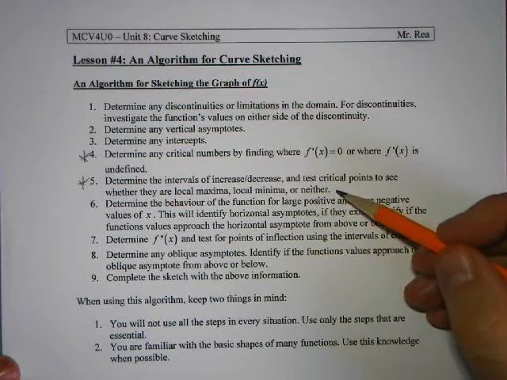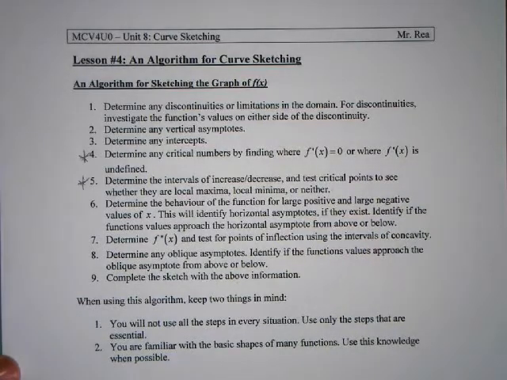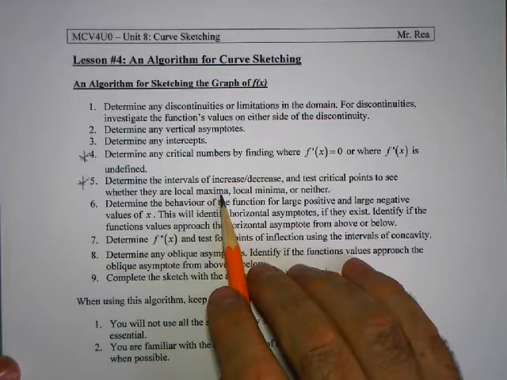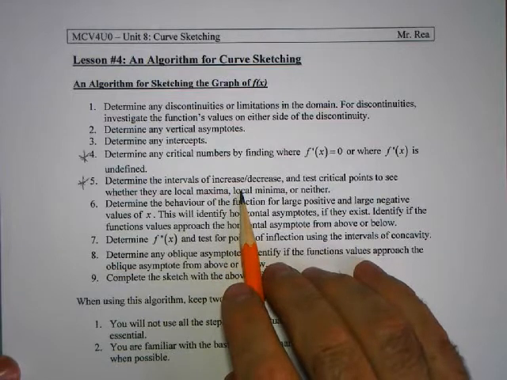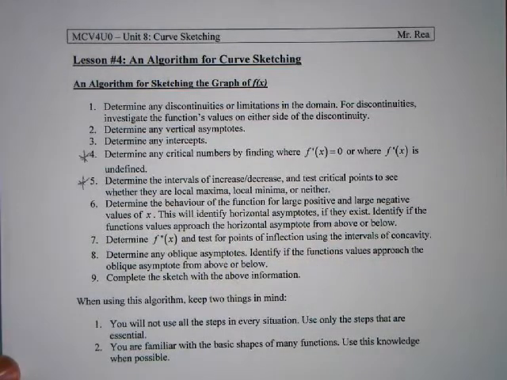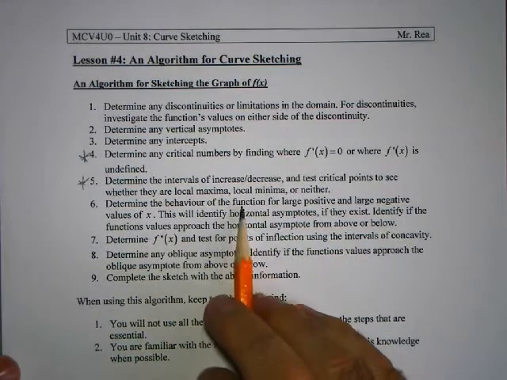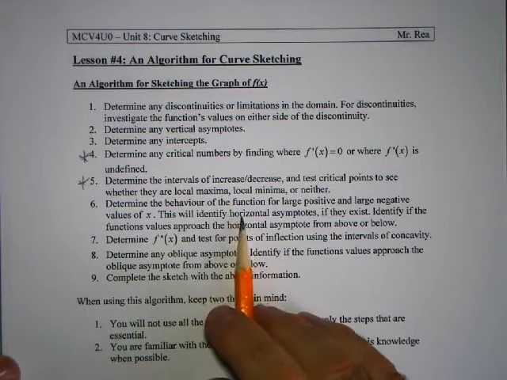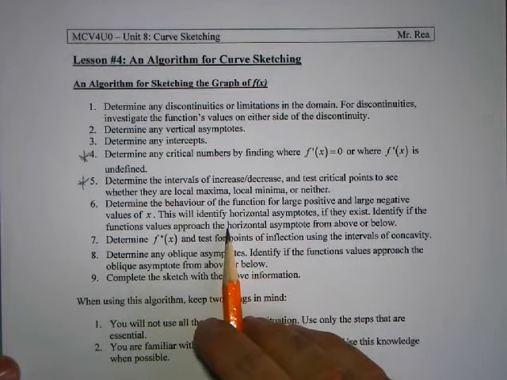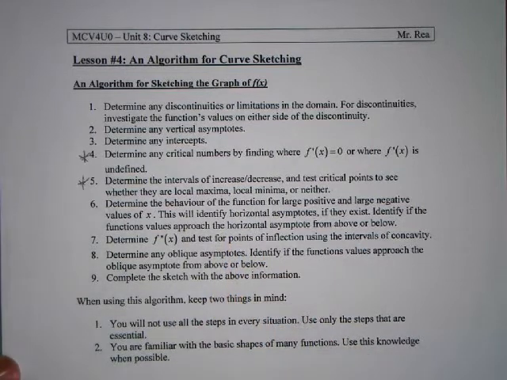You could do what we did in lesson 2 with the intervals, see if it's increasing or decreasing on either side and make a conclusion that it's a max, min, or neither. Or you could do the second derivative test, which we're going to do in our first example, to determine whether it's a local min or a max. That doesn't always work, so it's a bit of a risk.